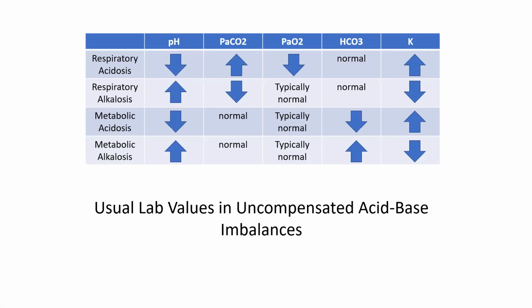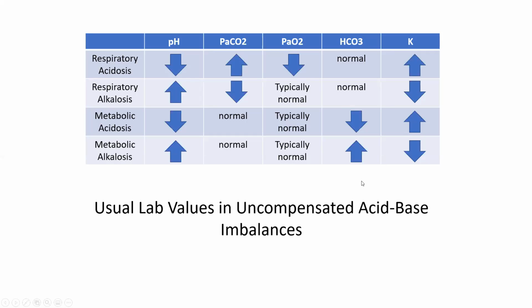They want you to memorize this number, but as you can see, there is only one condition where we anticipate this to be low, and that is in respiratory acidosis. Most other conditions, we anticipate this number to be normal. So let's move on. Bicarb, again, if it's normal, then we go back to, do we have a respiratory problem? If it's abnormal, then we begin to determine if we have metabolic acidosis or metabolic alkalosis.